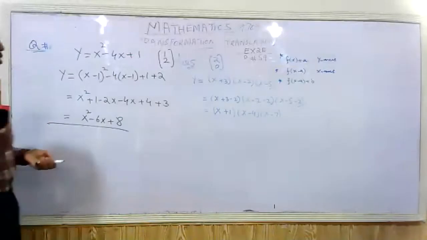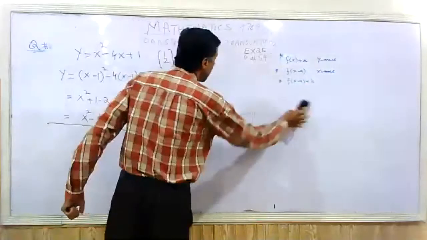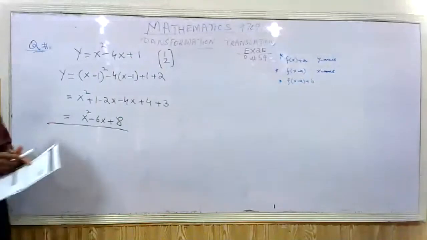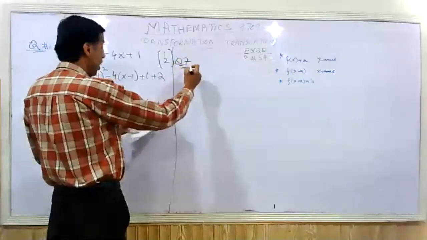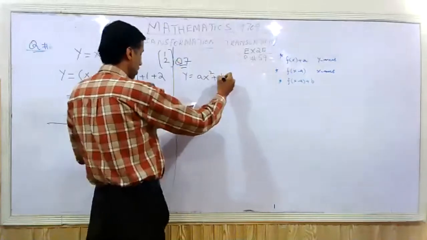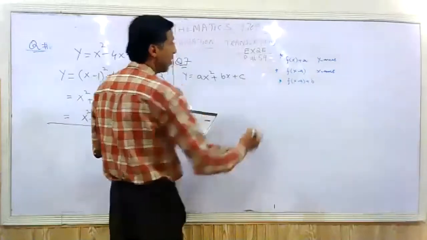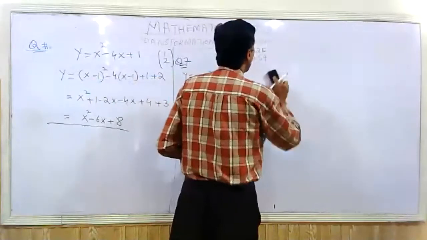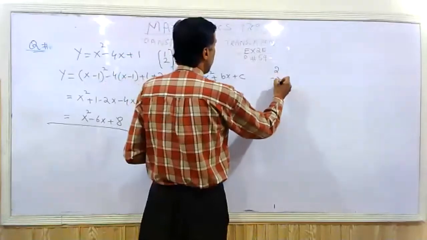Now, the last question of this exercise. Question number 7 was y equals ax squared plus bx plus c. The translation was (2, -5).